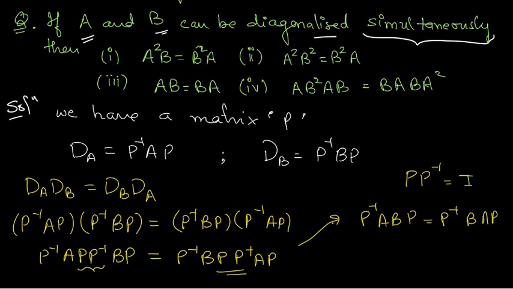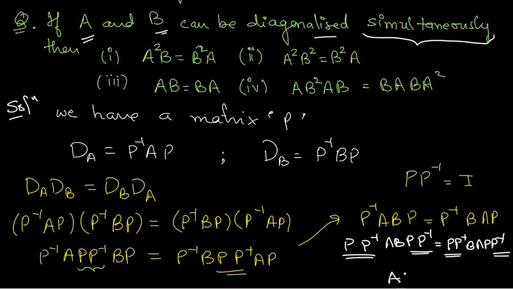Then multiply the matrix P from the right hand side, and P inverse from the left hand side. So we'll get P inverse AB P P inverse is equal to P inverse BAP P inverse. So this will again become identity, this will become identity. So AB is equal to BA.